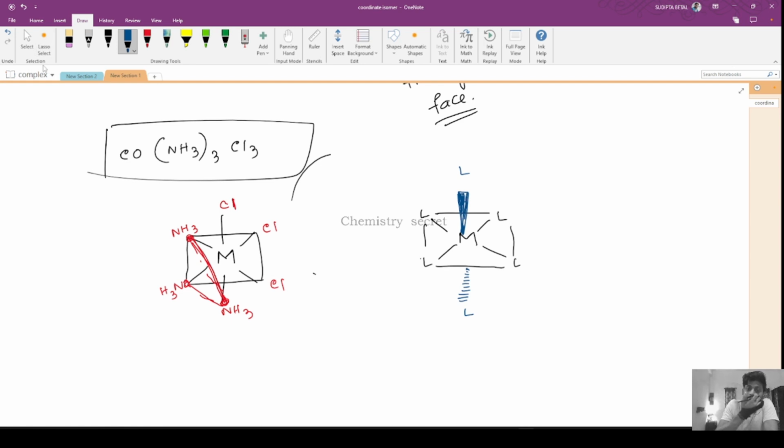Now if we talk about the same ligands, this can be a triangular face. This is a possible octahedral structure, and this is the triangular face.